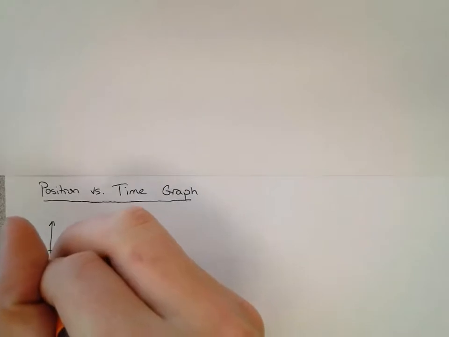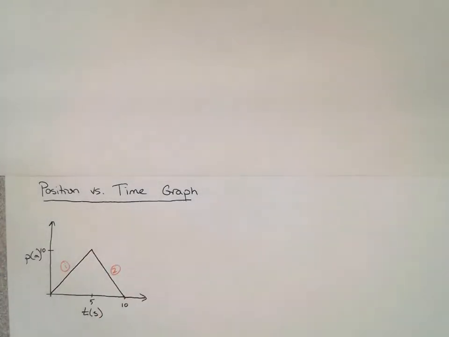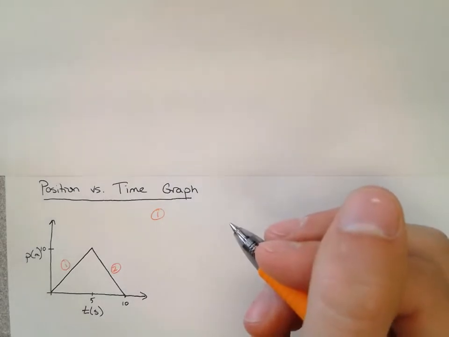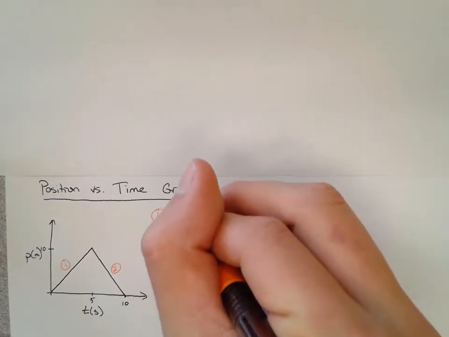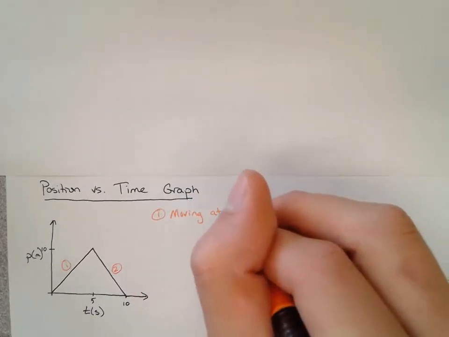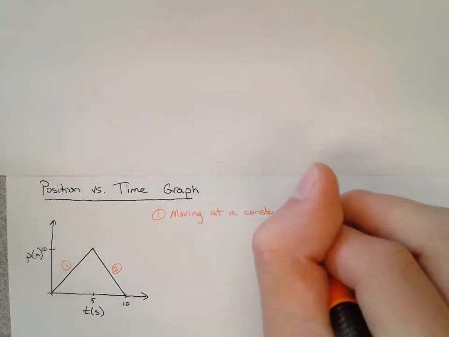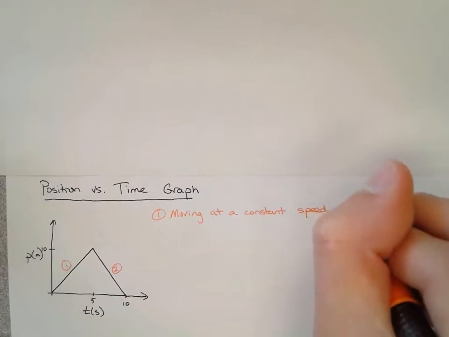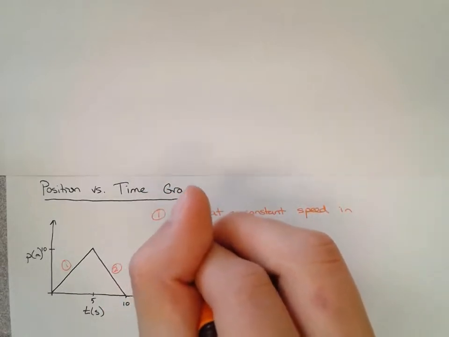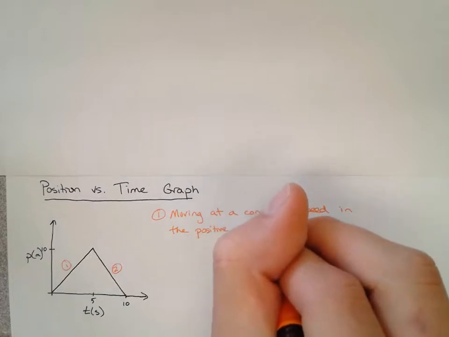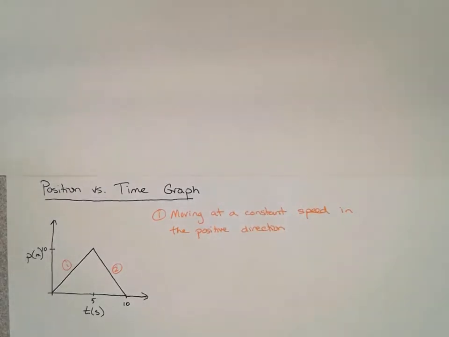Let's call this section 1 and this section 2. In section 1 of my motion, I'm moving at a constant speed in the positive direction. Okay? Moving at a constant speed in the positive direction.